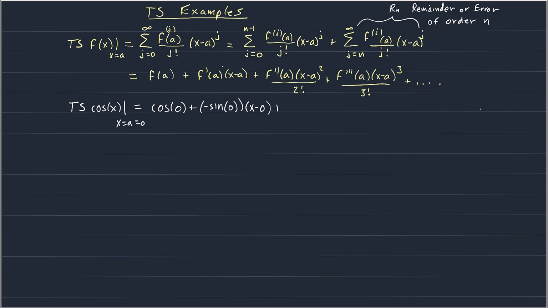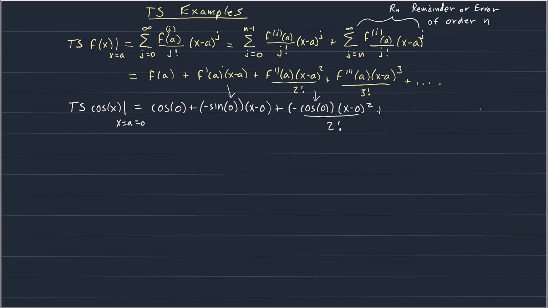And then the next term is the second derivative. So this is the first derivative. The second derivative is the derivative of sine. So the derivative of sine is cosine, and we have the negative there, and so we have a cosine of 0, again, times x minus 0, and this time this is raised to the second power, and it's divided by 2 factorial.